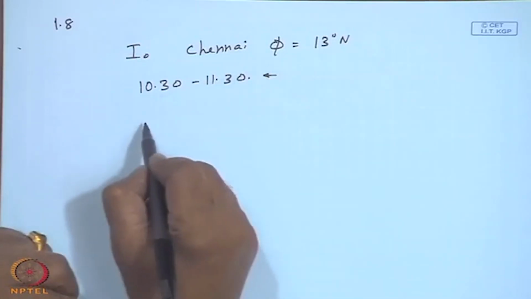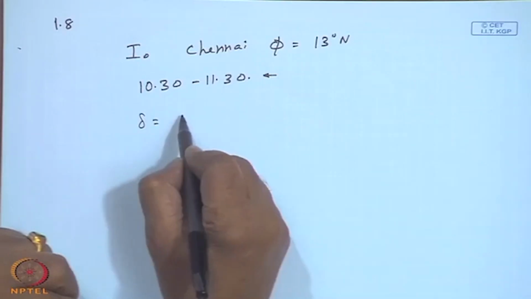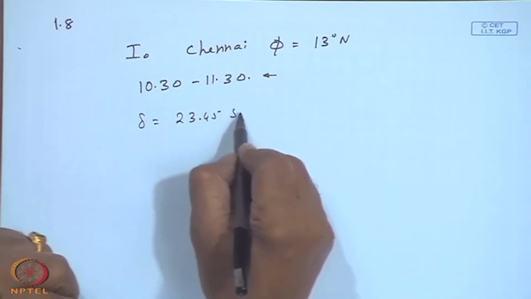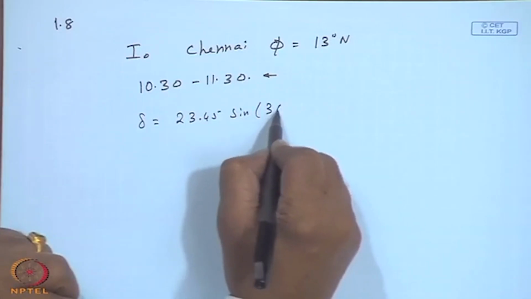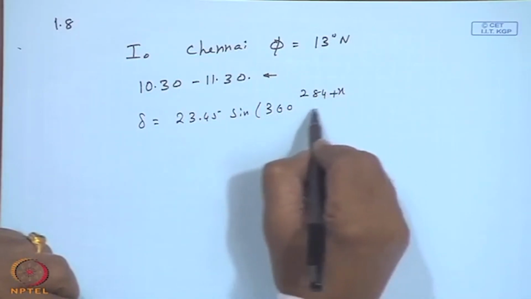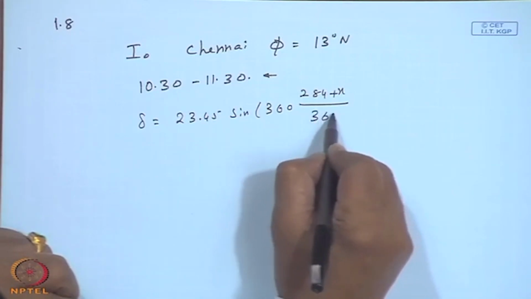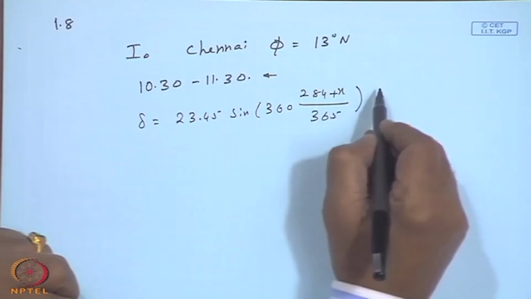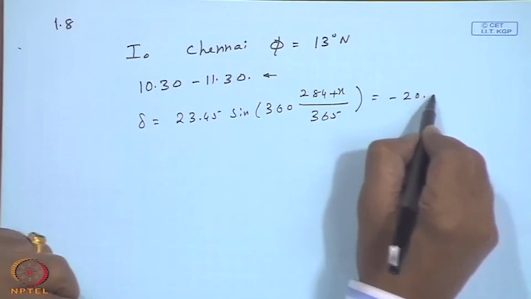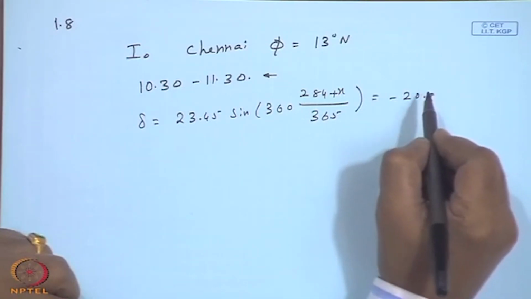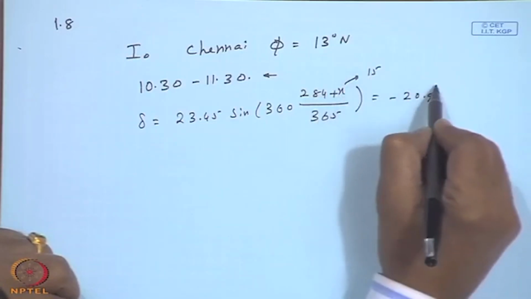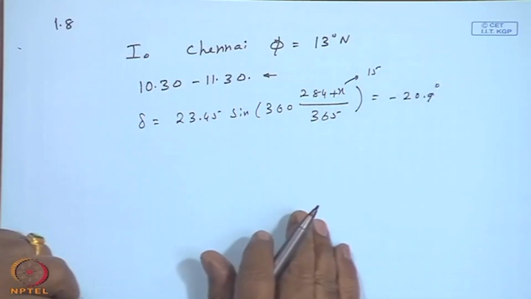So, declination for this Chennai will be 23.45 sin of 360 times (284 plus n) by 365, that equals minus 20.9, because it is January 15th, n is equal to 15. It is almost the mean declination.